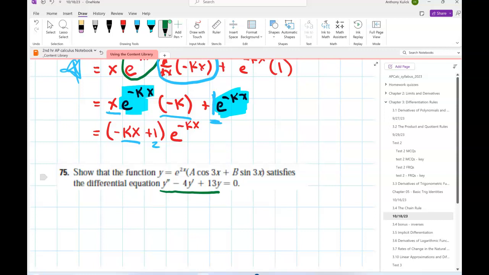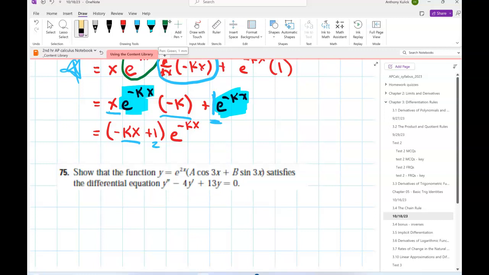So the first thing I need to do is calculate y prime, the derivative of y, and then using that I'm going to calculate y double prime, and then I'm going to plug those two answers into this formula and try to simplify everything down to get 0. Does that feel okay as a plan to start?